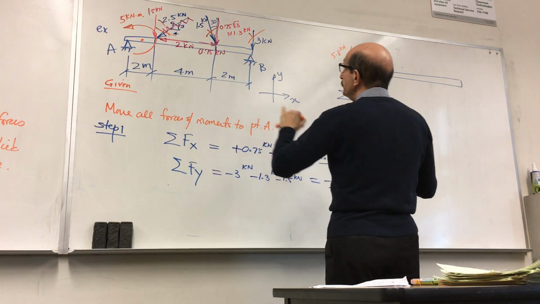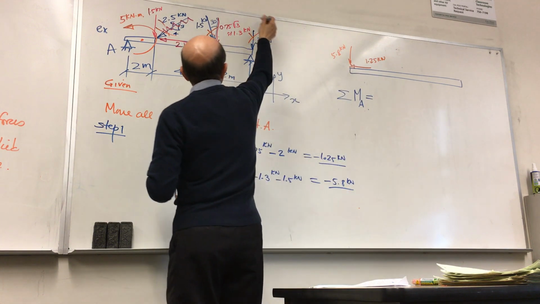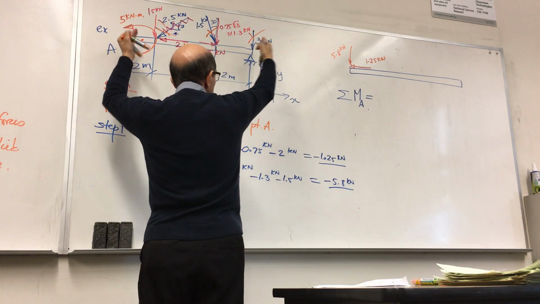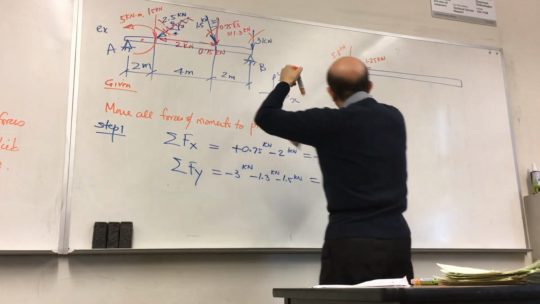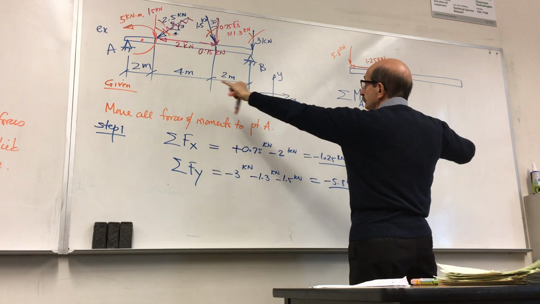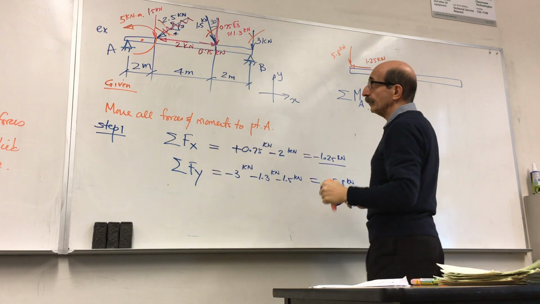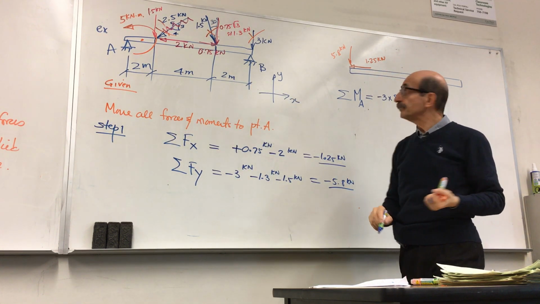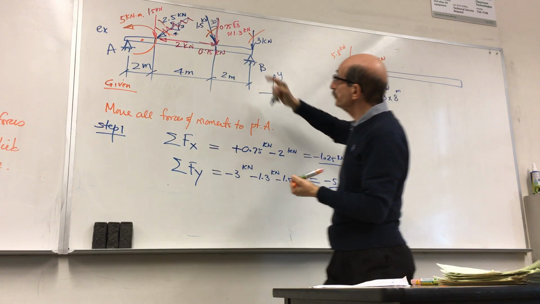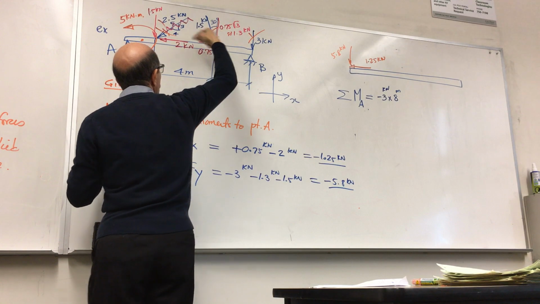So that would be what? Moment of this force about point A is 3 times the vertical distance between the two, and it's clockwise, so it would be negative 3 times 8, right? That's the distance. Negative 3 kilonewton times 8 meters. This force has two components.